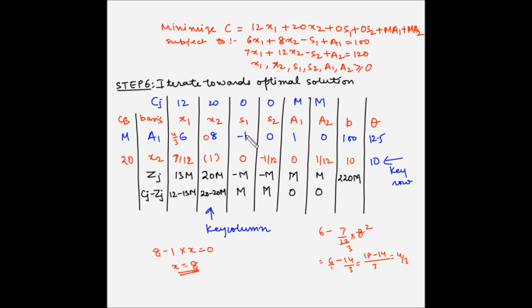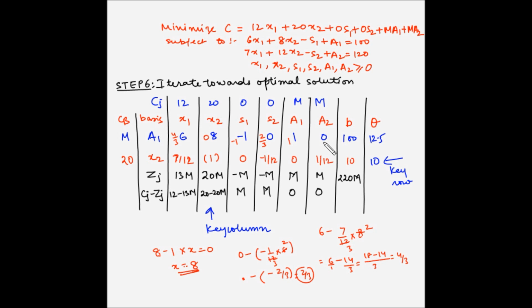Now for S1, 0 into 8 is 0, so this remains as it is, minus 1. For S2, 0 minus 1 by 12 into 8, 4 2s are 8, 4 3s are 12, so minus 2 by 3. So this is minus 2 by 3. For A1, 0 into 8 is 0, so this remains 1.